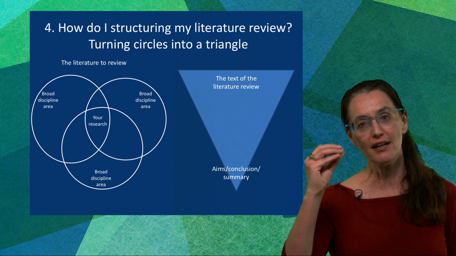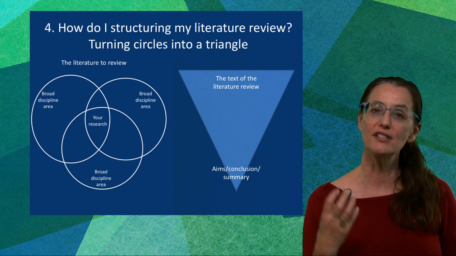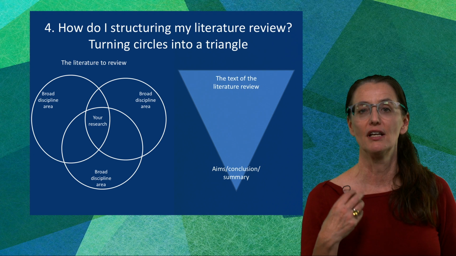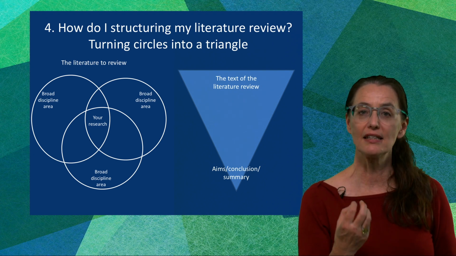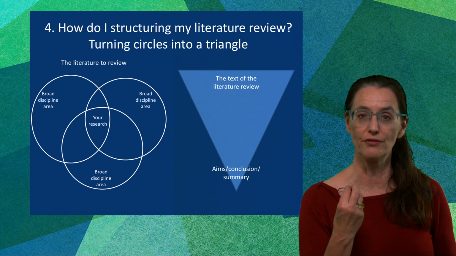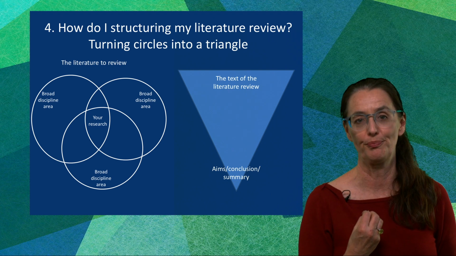So it's a stepped argument, often going down to the aims of a research study or a concluding summary of that research, where you're going to give, remember, that coherent and significant synthesis or critique of it, a summary of the key points and the key outcomes of that literature.